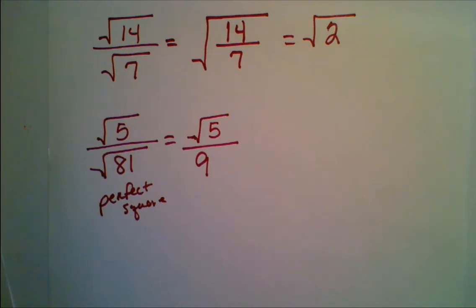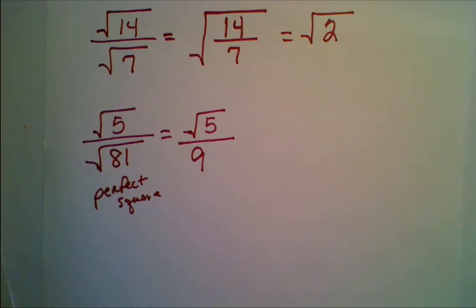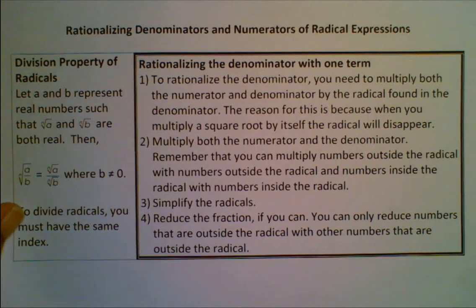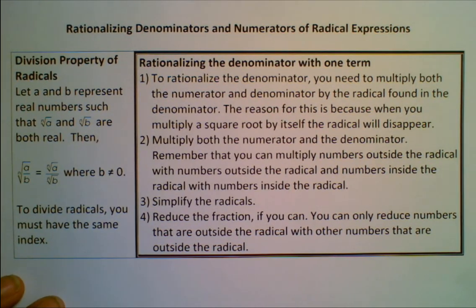And remember, I said before that in order for fractions to be in simplest form as it relates to radicals, we cannot have radicals in the denominator. Now, in this section, we're going to look at what happens whenever we are not able to take that denominator and divide it into the numerator, or if that denominator is not a perfect square, what we must do.